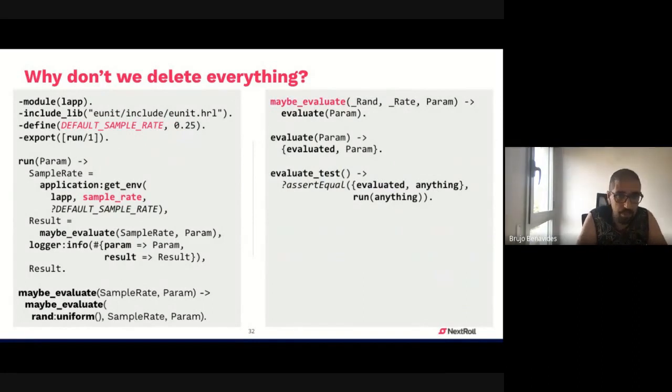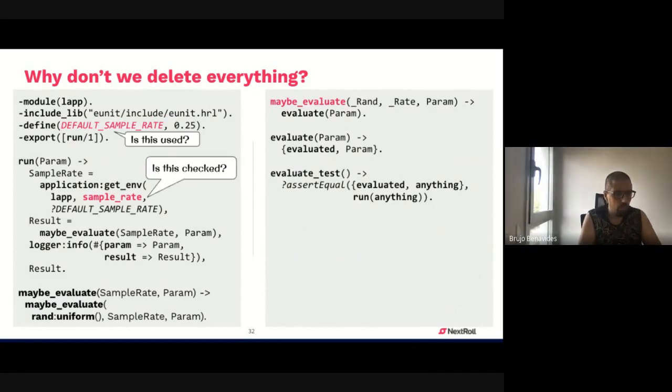in the same example, you can see how, for instance, we don't remove the macro because we are not sure if it's used. In this example, it's very easy to see that it's not used. But in large modules, or macros defined in header files or shared among different libraries in an umbrella project, it's not that simple. Or maybe this sample rate, we can remove it from here, but we don't know if it's used somewhere else. And how do we know if it's used somewhere else? Will you look for application:get_env calls?